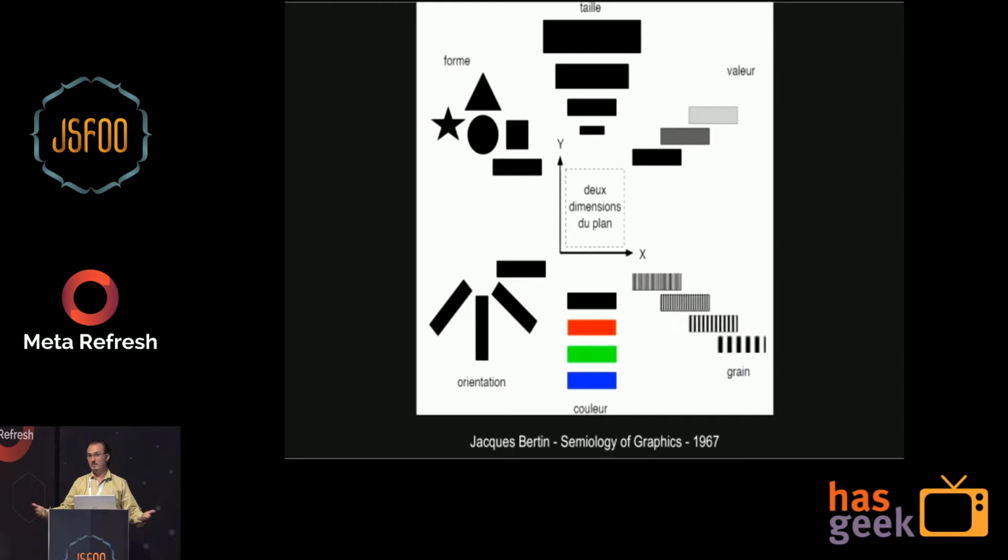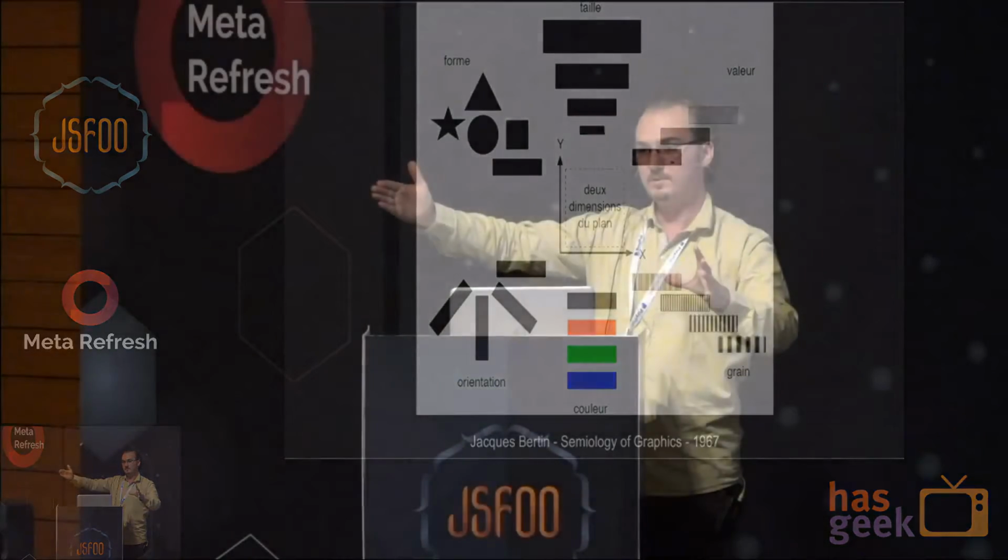But hue, on the other hand, which is another component of color, is great at encoding different nominal values, like people's names, or state names, or identifiers. You can distinguish between different things with color really well. And then there's orientation. That's not really used that much, and texture, that's also not really used that much.